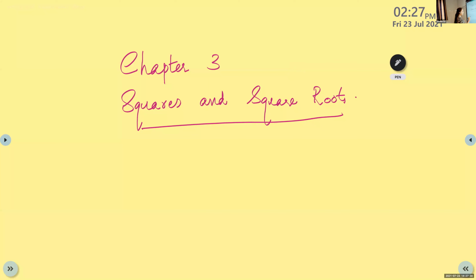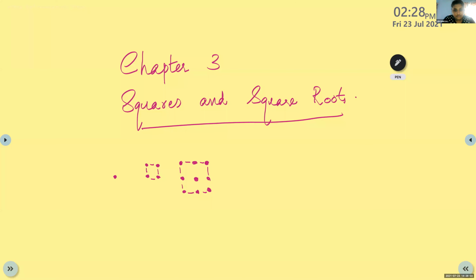See, children, we can arrange one. This is like a square, right? Yes, ma'am. And look at the dots. 3 dots. Rows and columns are equal, right? Can you count the dots? 9 dots.